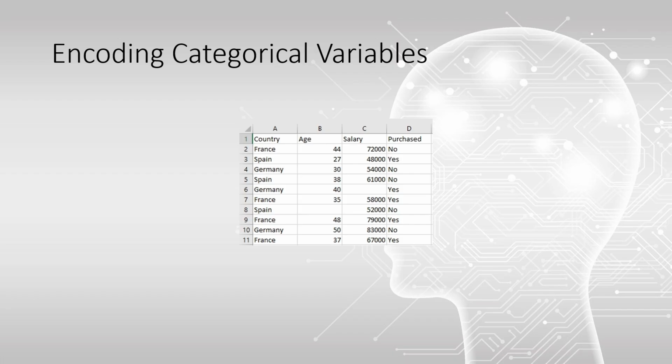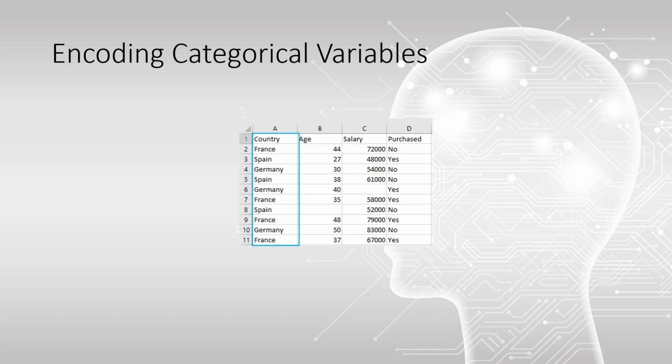Let's proceed to the next tool in our data preprocessing toolkit, which is about encoding categorical variables. Encoding categorical variables is a critical data preprocessing step in machine learning because most machine learning algorithms require numerical input to perform mathematical computations. Let's first understand why we have to do this.